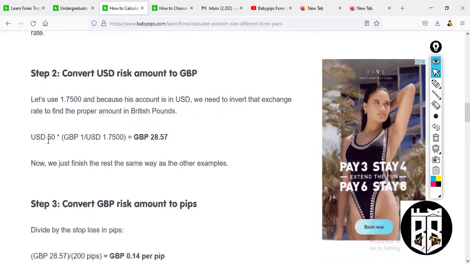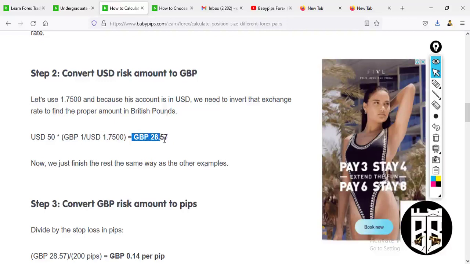So he's risking $50 multiplied by 1 British pound divided by 1.75 US dollars.